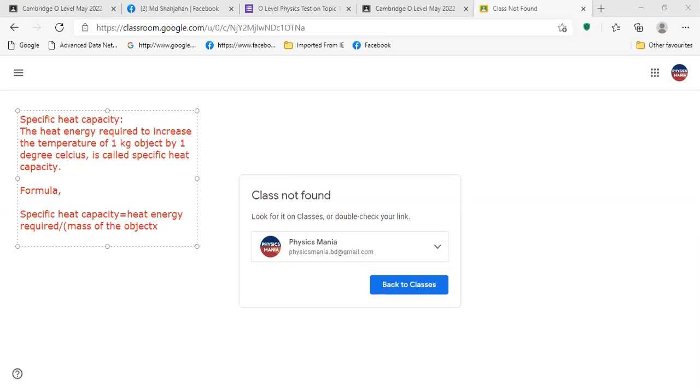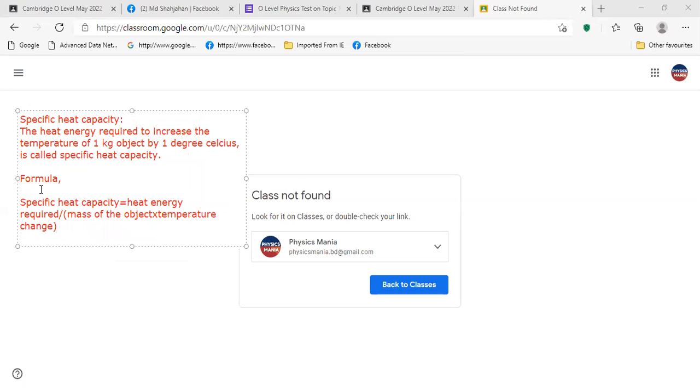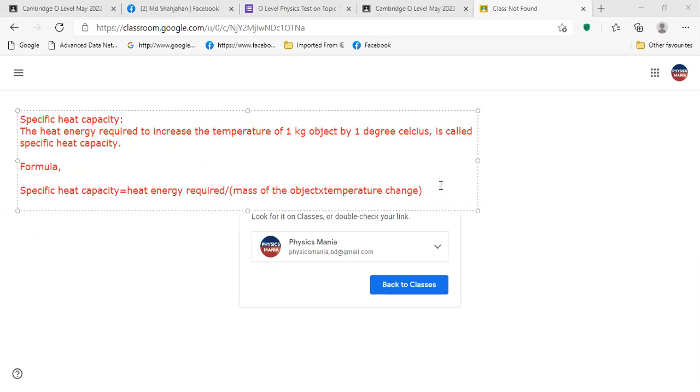So we write clearly: specific heat capacity equals heat energy required divided by mass of the object multiplied by temperature change.